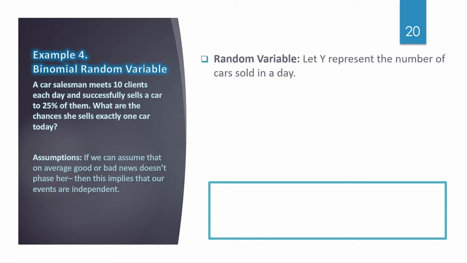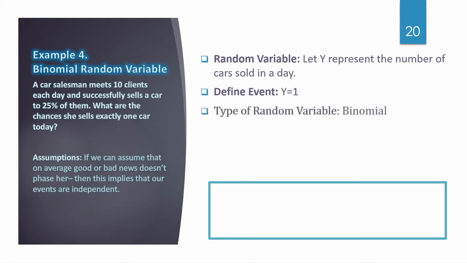So let me outline for you how we would model something with a binomial random variable. We're going to let the random variable Y represent the number of cars sold in a day. We want to know the probability that she sells exactly one car, so I'm going to define the event Y is equal to 1. The type of random variable here is a binomial random variable.